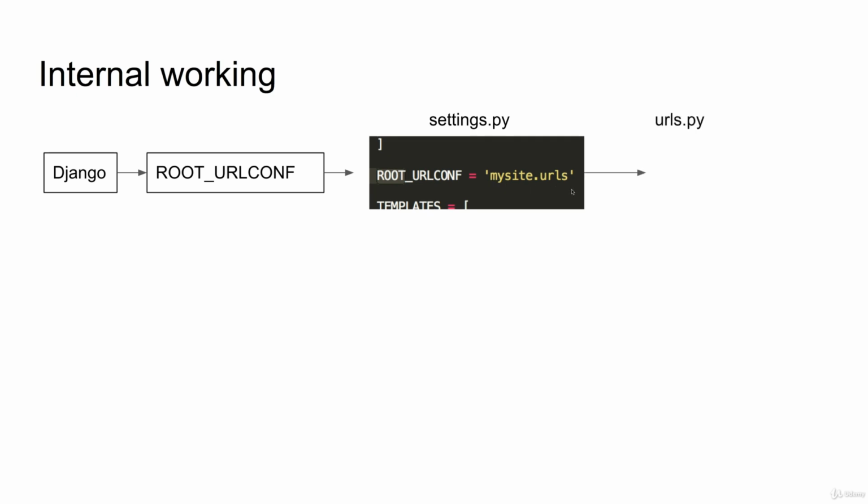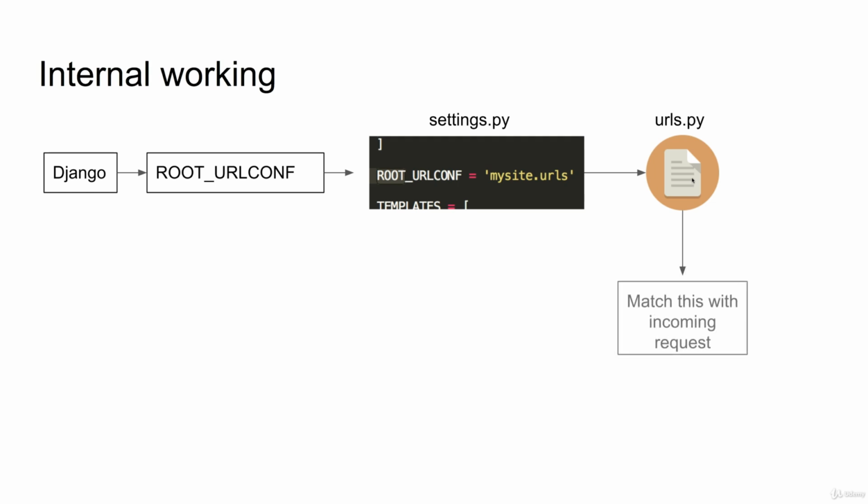So Django goes to the urls.py file, which is nothing but the mysite.urls file, and compares the request sent by the user to the URL patterns present there. When it finds a match of a particular pattern with the incoming request, it simply calls the view associated with that URL pattern.